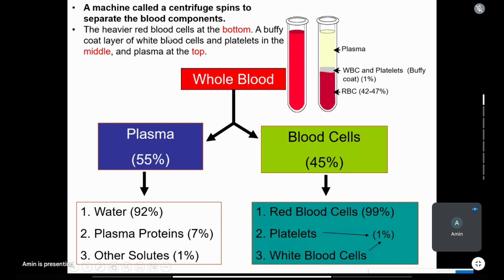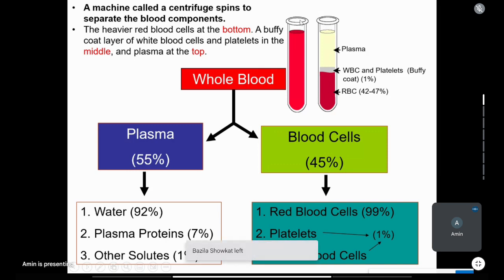The heavier red blood cells come down to the bottom, the middle part is white blood cells and platelets, or buffy coat, and the top part is plasma.